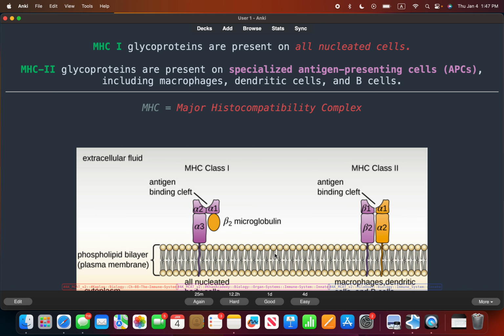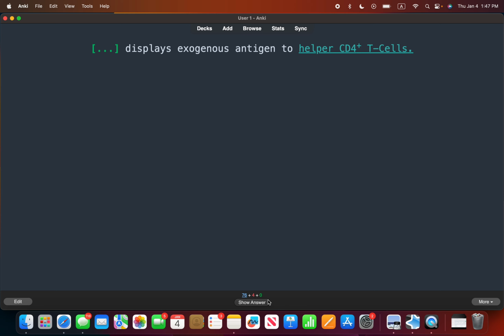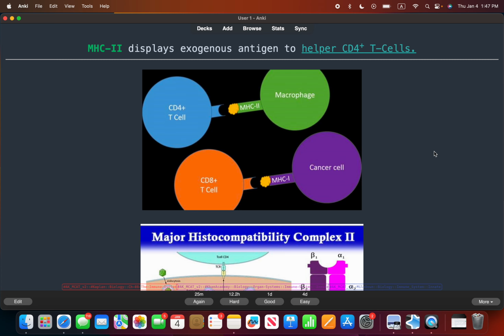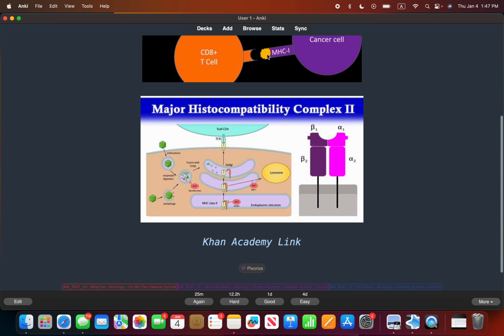Since we got this, we can put a question for this. What displays exogenous antigen to helper CD4 plus T cells? So it should be MHC2. MHC2 displays exogenous antigen to helper CD4 plus T cells.